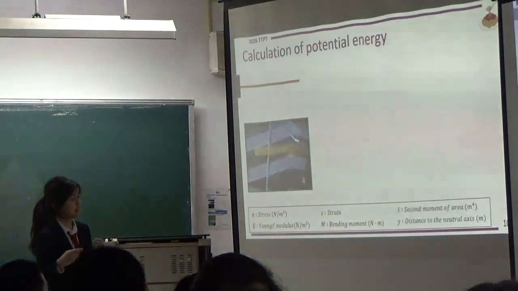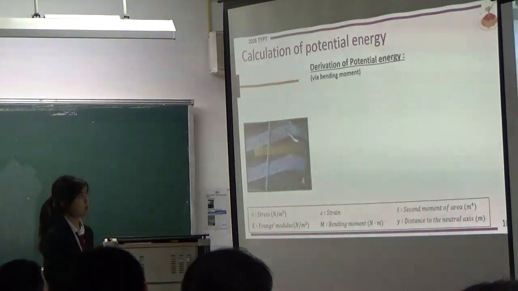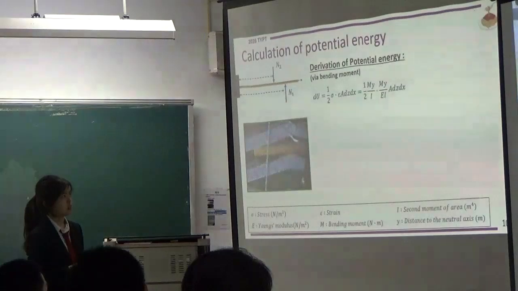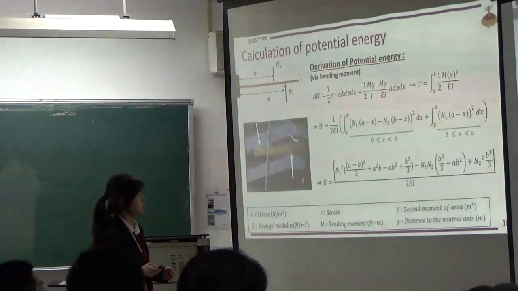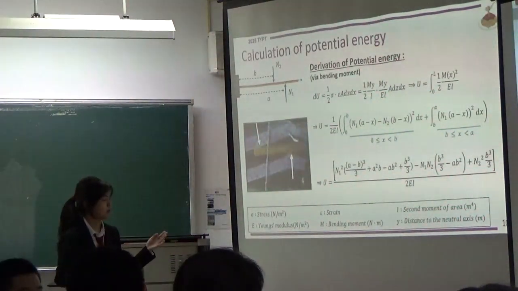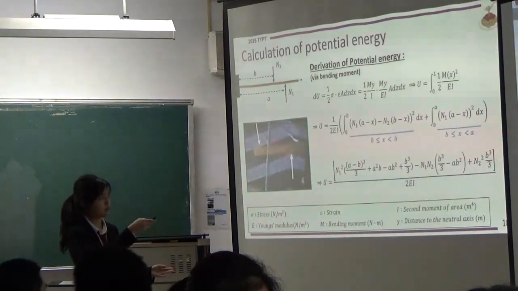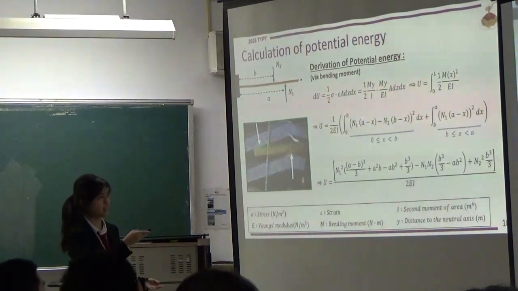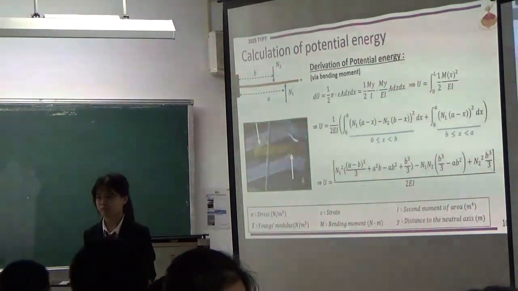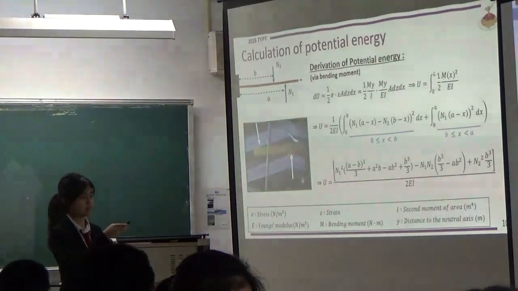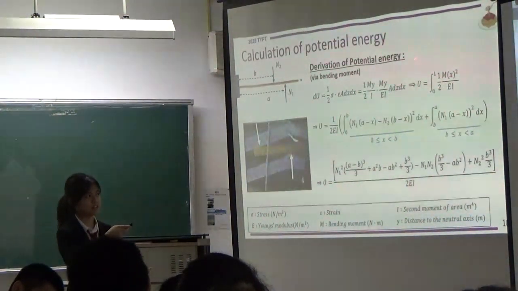So then we will calculate the potential energy inside the spaghetti. Since the potential energy inside the spaghetti is related to the stress and the strain, we can get this formula. This formula means the potential energy stored per unit volume, and we integrate the calculation, and we can get this formula.